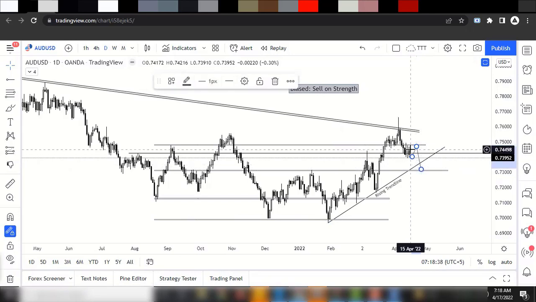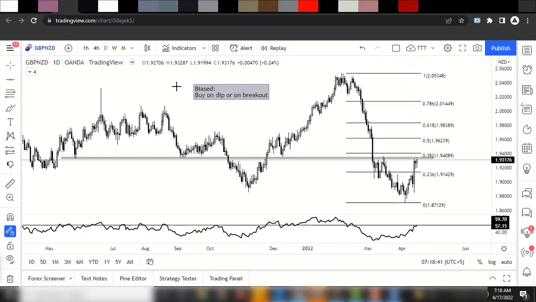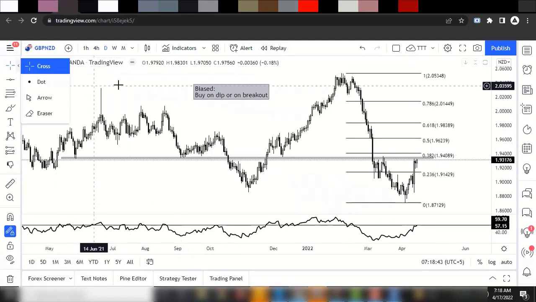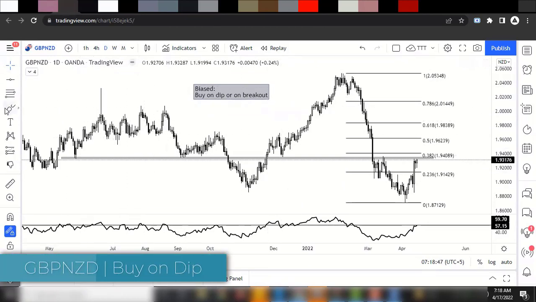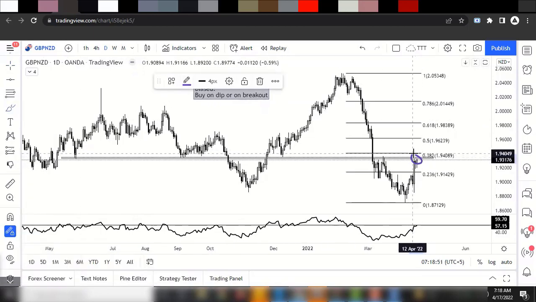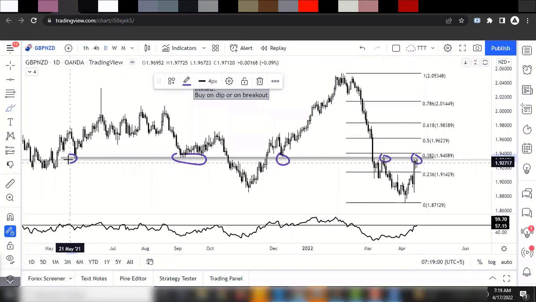The next one is Pound New Zealand, and this will be my pick of the trade for sure next week. You see it is standing at a very important level. This should be the breakout level. You see the reactions in the past.